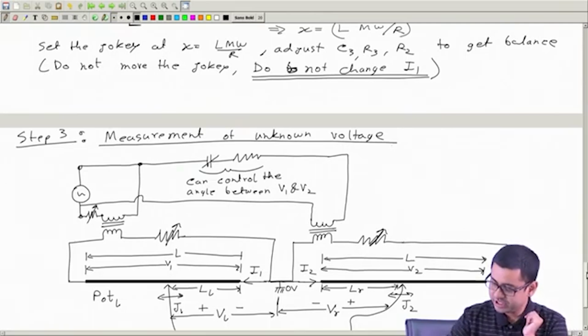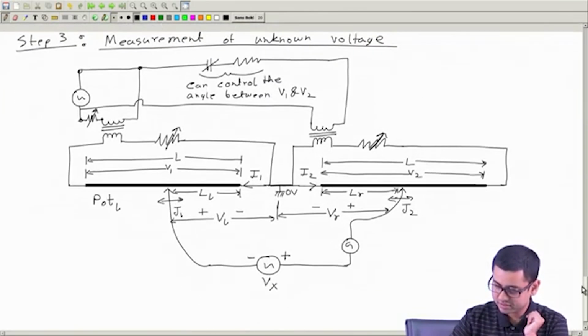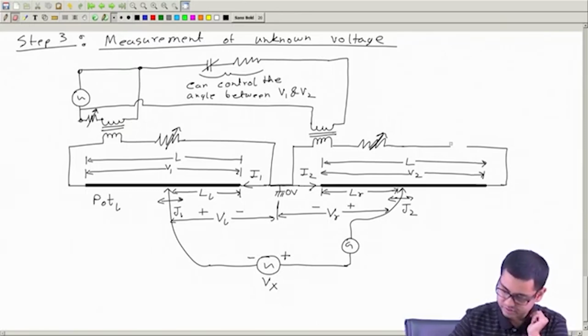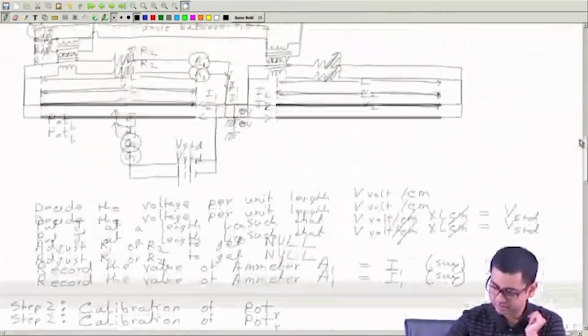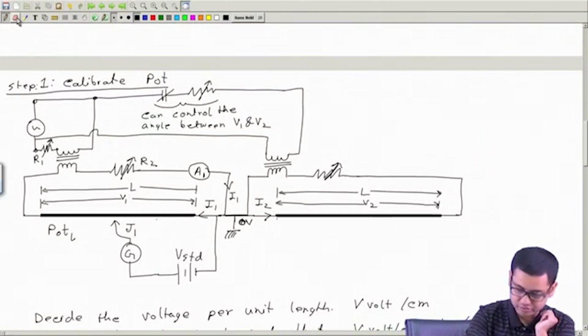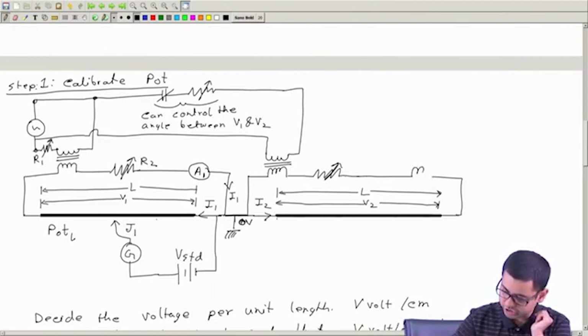Okay. So, in this phase, we will still have this, of course, this is always there. Here also we will have this, although we are not using it.